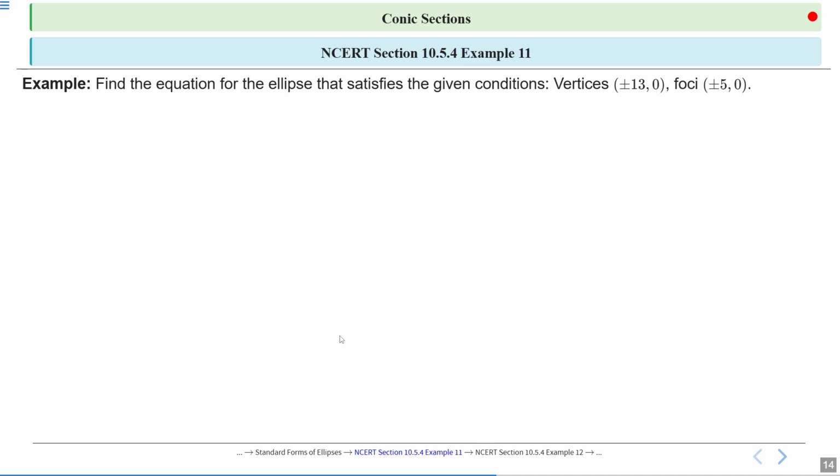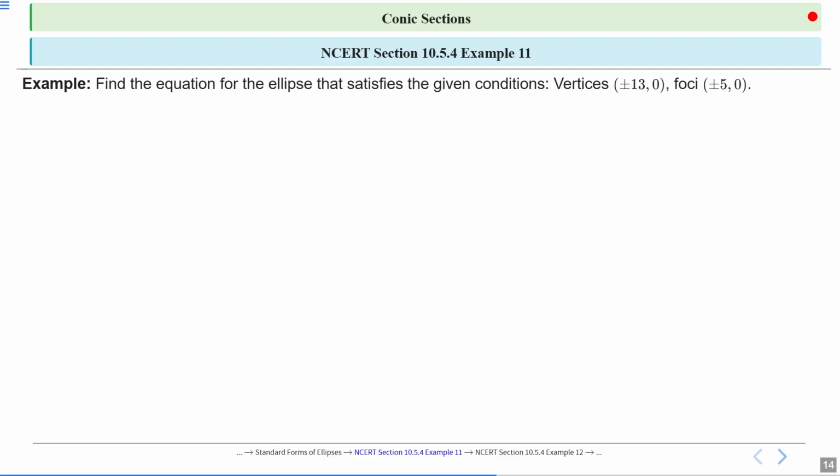In this example, we have to find the equation for the ellipse that satisfies the given conditions. We have given the vertices and the foci for this ellipse. The coordinates of vertices are plus minus 13 comma 0, and the coordinates of foci are plus minus 5 comma 0.